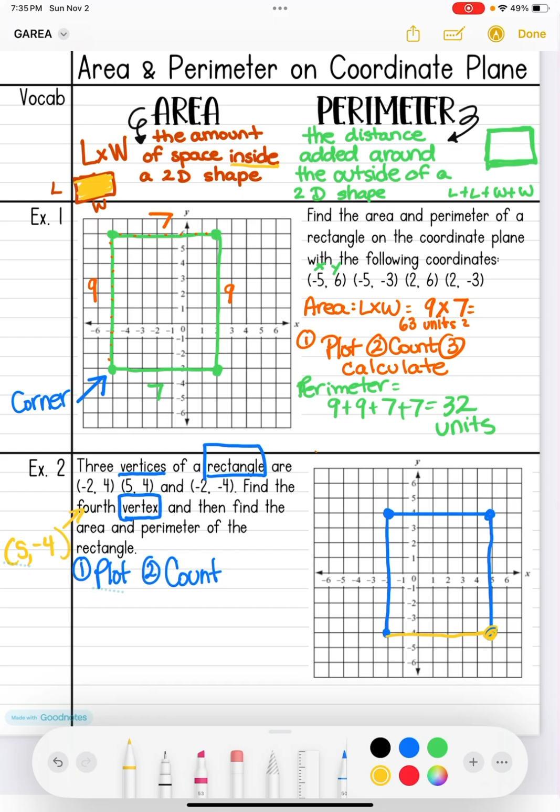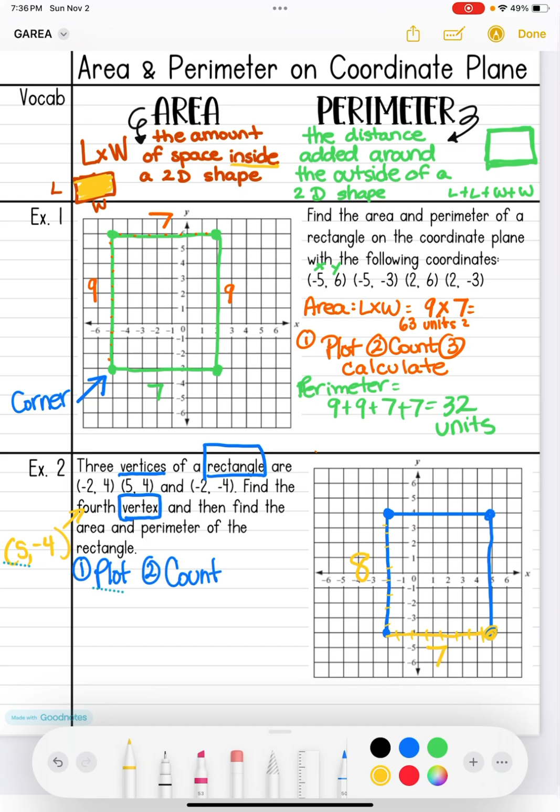Okay, now we are going to count so we can solve for our area and perimeter. So I'm just going to count 1, 2, 3, 4, 5, 6, 7, 8. So this side is 8. The top or the bottom, either one. 1, 2, 3, 4, 5, 6, 7.